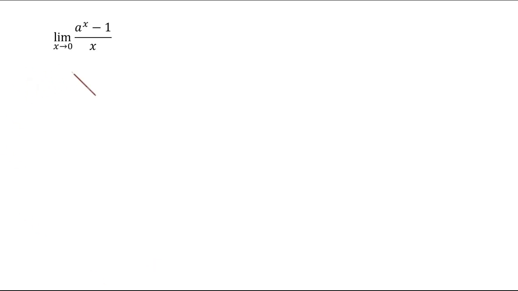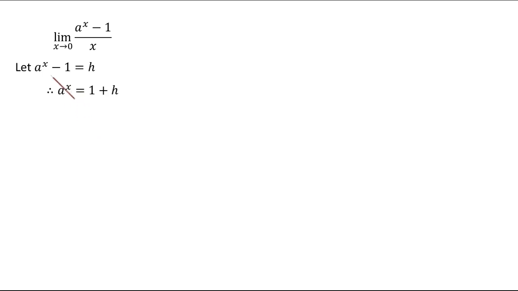Now look at this function: limit of a raised to x minus 1 upon x when x tends to 0. Now you may be asking, from where did this come all of a sudden? Just bear with me and we are going to answer this in a moment. So let this numerator a raised to x minus 1 equal h.